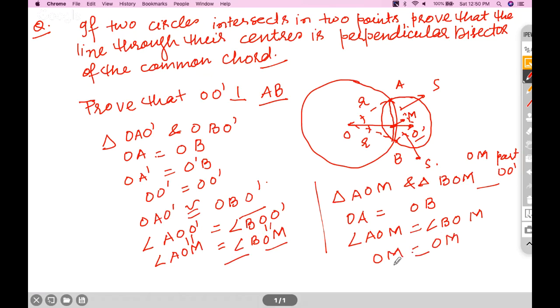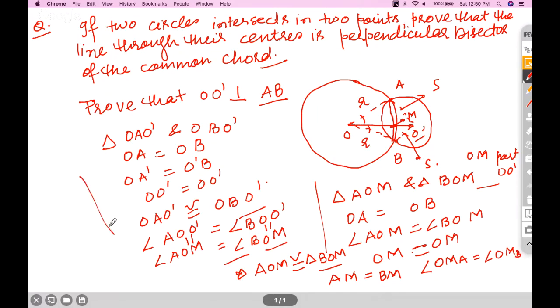We follow CBSE. So OM is equal to OM. So triangle AOM is congruent to triangle BOM. And if this is true, then AM becomes equal to BM and angle OMA becomes equal to angle OMB.